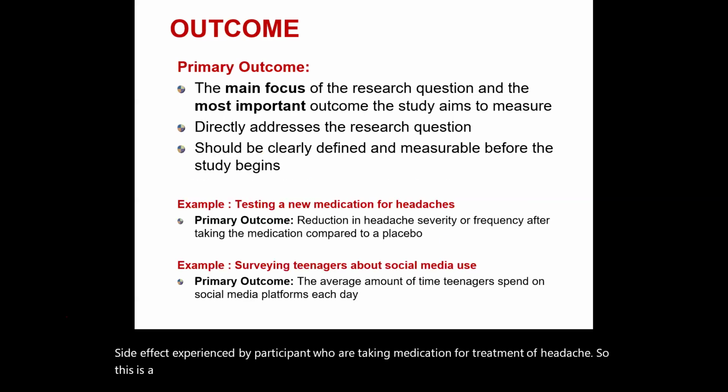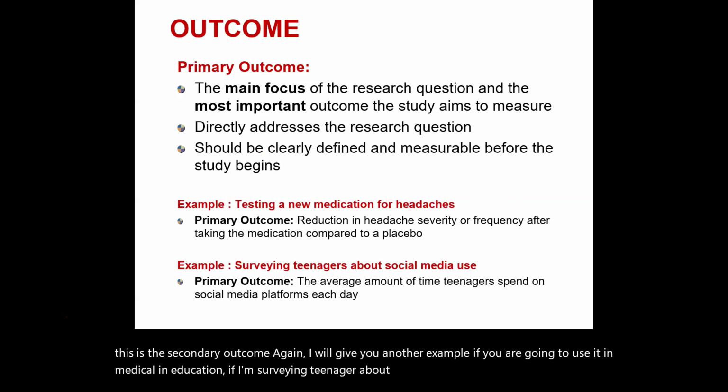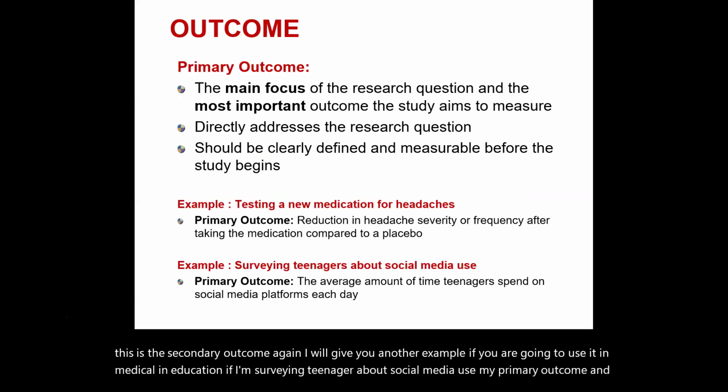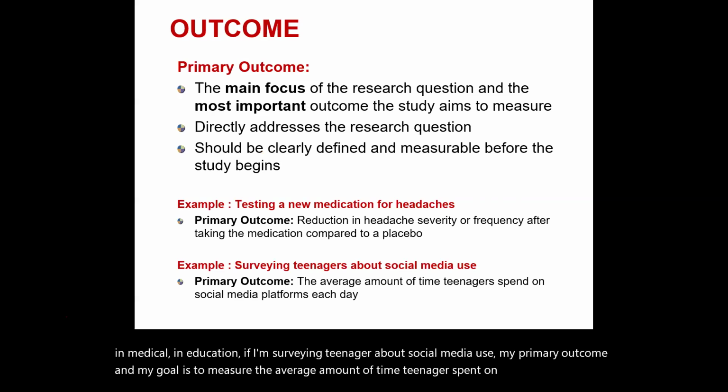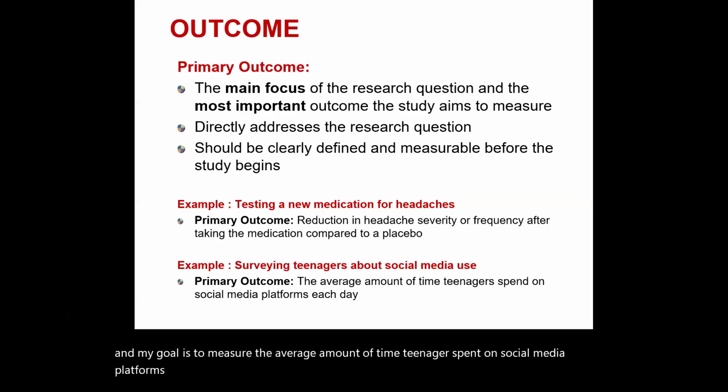Again, I will give you another example. If we are going to use it in medical education, if I'm surveying teenagers about social media use, my primary outcome and my goal is to measure the average amount of time teenagers spend on social media platforms each day. This was my primary outcome or my goal in doing this research.